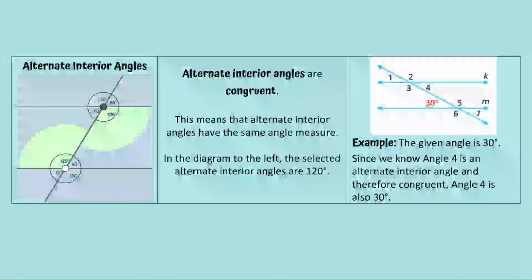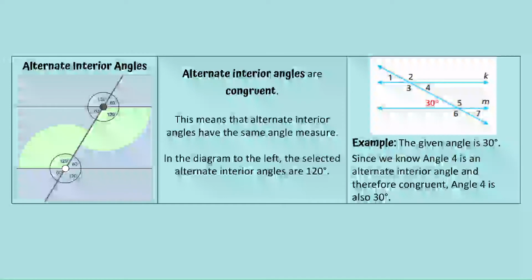Alternate interior angles are always congruent. Again, this means that they have the same angle measure. So in the diagram on the left, both angles in our pair, our alternate interior angles, are 120 degrees. If you wanted to look at the other pair of alternate interior angles, they would both be 60 degrees.